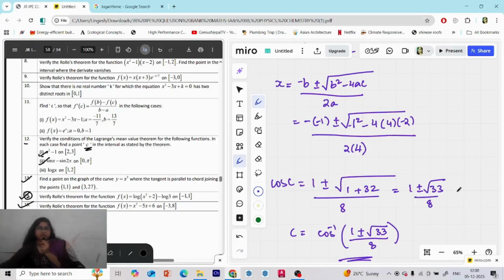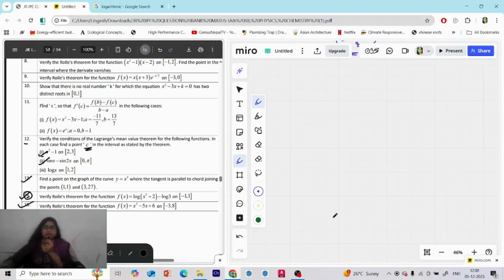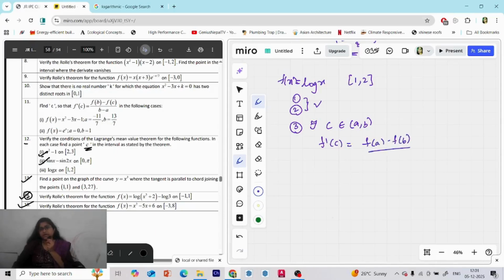Log x on this interval 1, 2. Okay, it's the same thing. Now f of x is equal to log x, logarithmic function kabatti it is both continuous and differentiable. So first two conditions elago they hold true, and third condition enti Lagrange's theorem lo there should exist a c such that it belongs to a comma b and f dash c is equal to f of b minus f of a by b minus a.